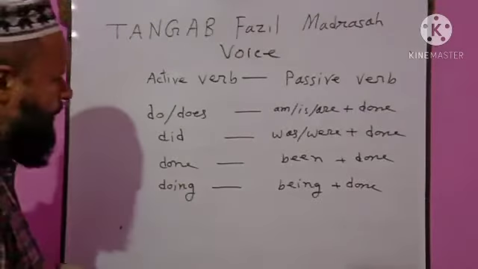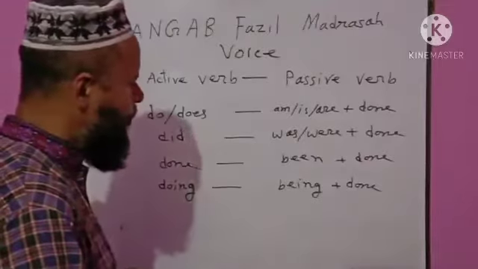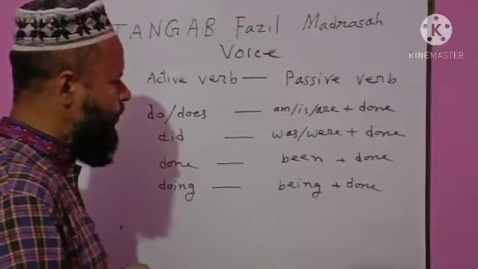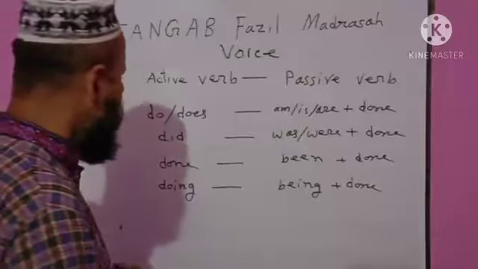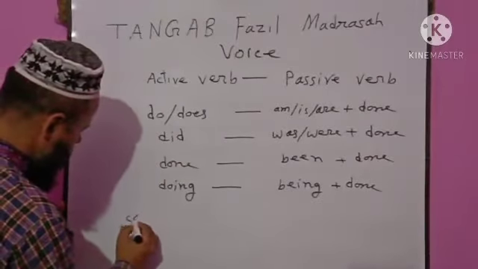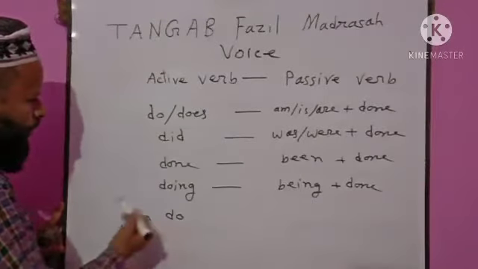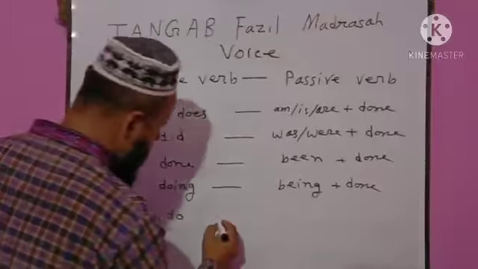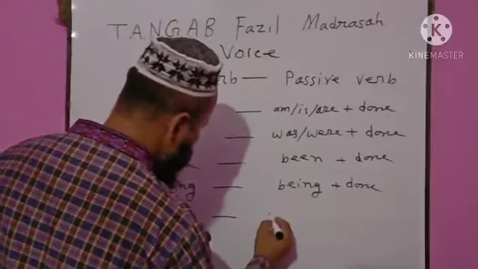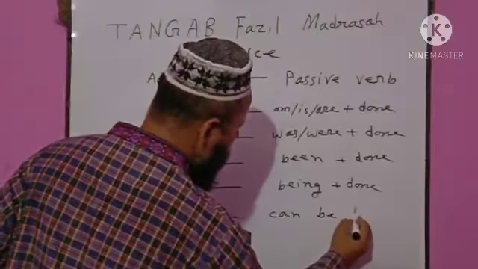There are many modals: can, could, may, might, should, would, must, have to, ought to, had to, etc. are modals. We can write can do. Can is a modal, do is the base form. So in passive voice, can be done.